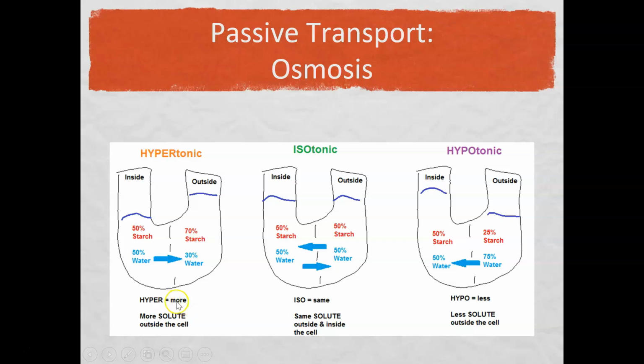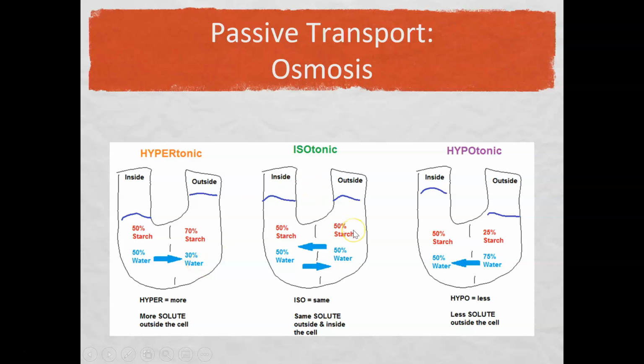So that's where that hyper or that way more solute comes into play. But remember that I still need 100% solution. So 70% starch means 30% water. So what's that water going to do? It's going to go from where it's high at 50% to where it's low, and so this side of the water tube would go up, this side would go down. I'd be dehydrating my cells, they'd be shrinking.